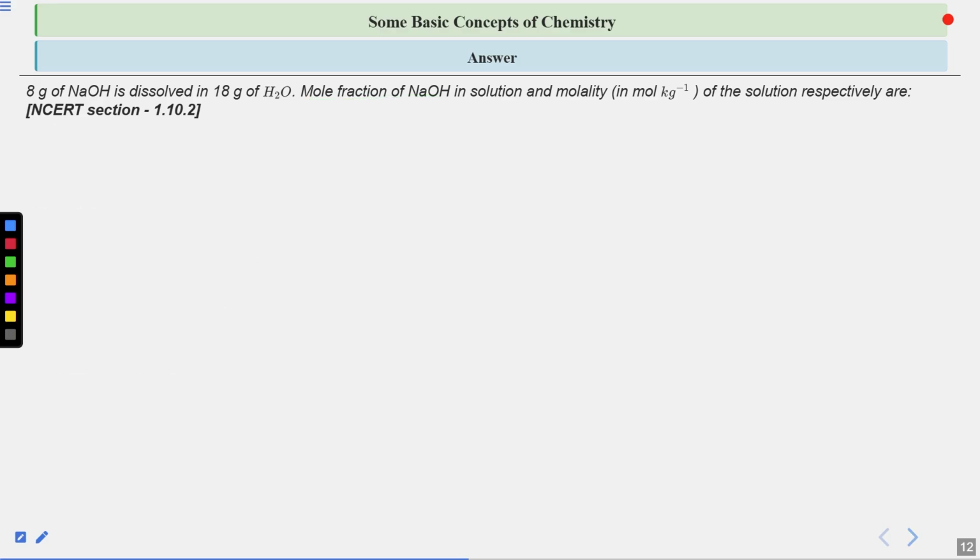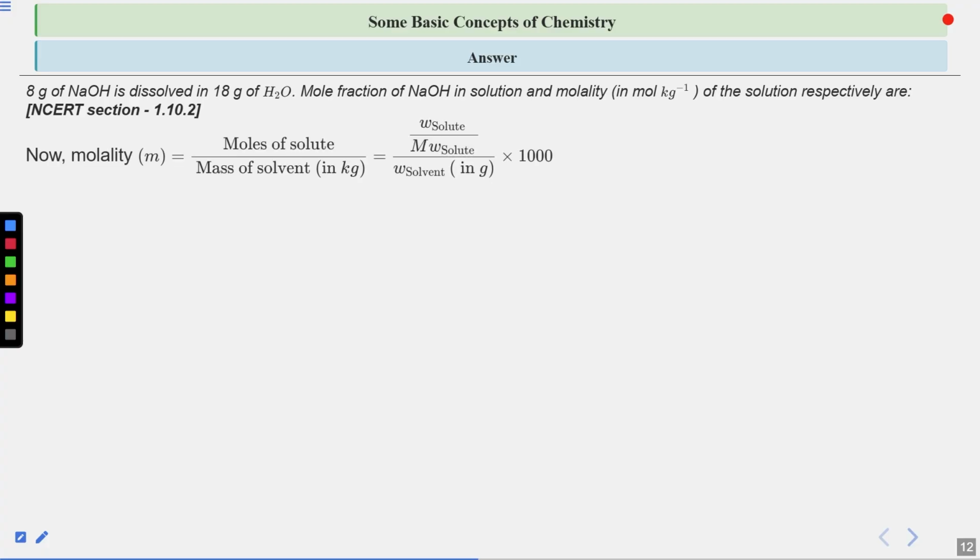Now moving on to the second part, which is calculation of molality. Molality can be calculated by using the formula moles of solute by mass of solvent in kg. So moles of solute, again that same formula, multiplied by 1000. Why are we multiplying it by 1000?